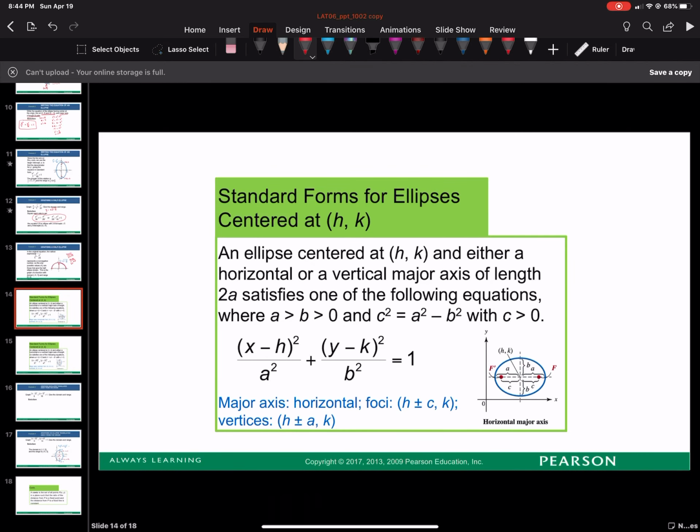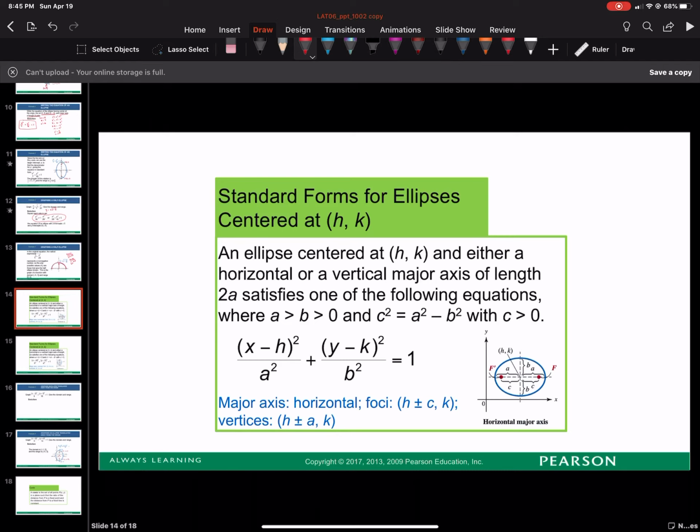So let's look at this. Standard form for ellipses with center (h, k). It says the ellipse is centered at (h, k), with either a horizontal or vertical major axis of length 2a, and satisfies one of the following equations, where a is greater than b, which is greater than 0, and c squared is equal to a squared minus b squared, where c is greater than 0.